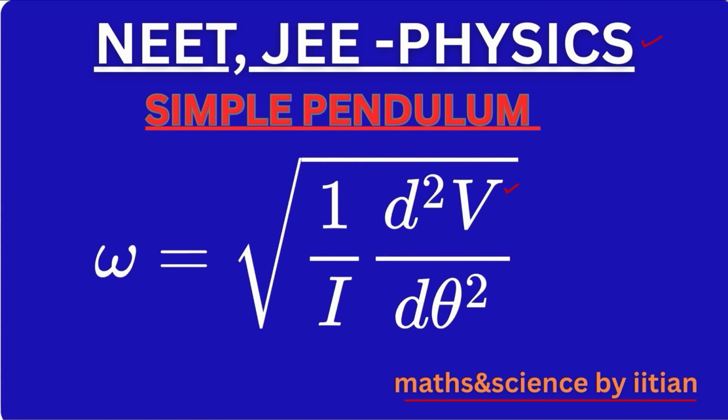Angular frequency omega is equal to square root of 1 by I d square V by d theta square, where V is the potential energy and I is the moment of inertia and theta is the angle. And L is the length of the string, because in the last class I have discussed the simple pendulum compared with the conical pendulum.